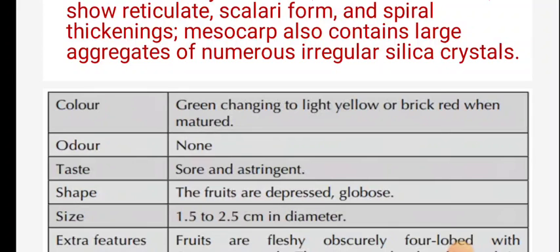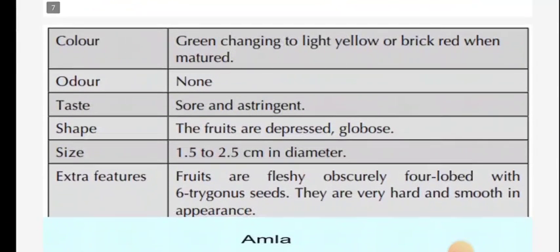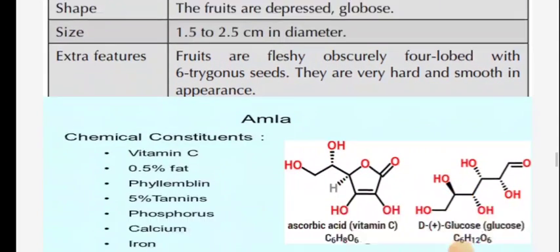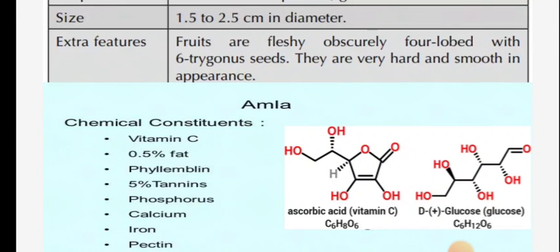Mesocarp contains large aggregates. In the color changing from light yellow to brick red when matured, odor none. The fruits are fleshy, four-lobed, and 6 trigonous seeds are present.